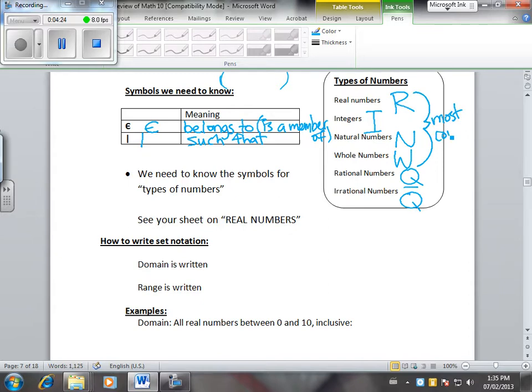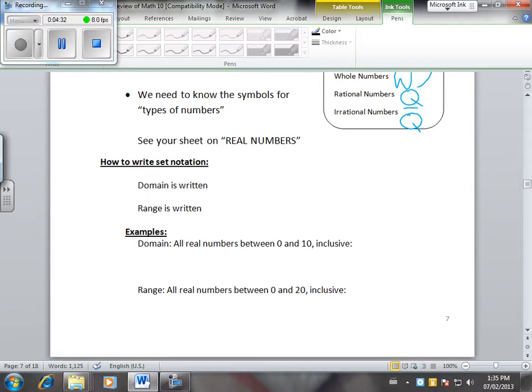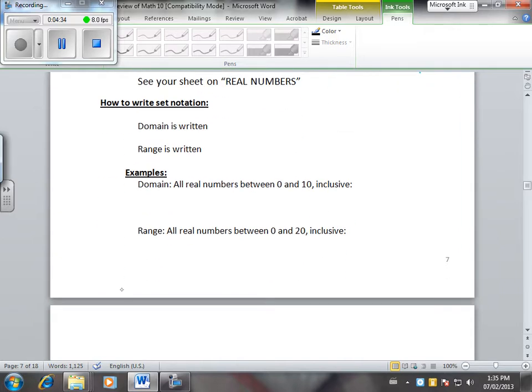So these are the most common. At this level, you're not going to see irrational numbers or rational numbers that often. So, see your sheet on real numbers, I have a data booklet that I will be giving you guys on Tuesday when you're in class.